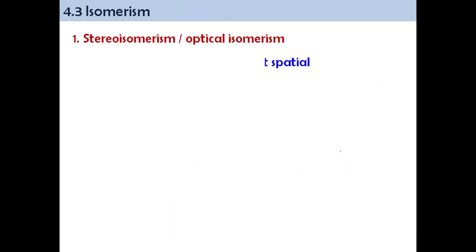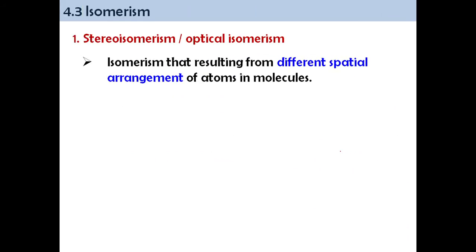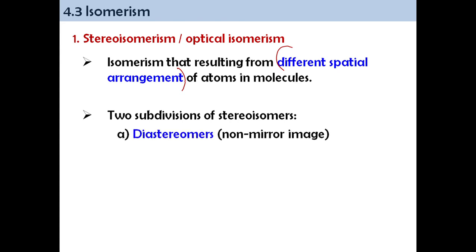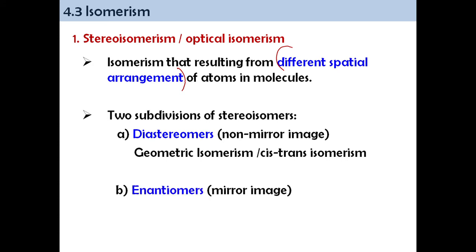Okay, stereoisomerism is isomerism that results from different spatial arrangement of atoms in molecules. And there are two subdivisions which are diastereomer, and the example is geometrical isomerism or cis-trans isomerism. And the second one is enantiomer, optical isomerism.